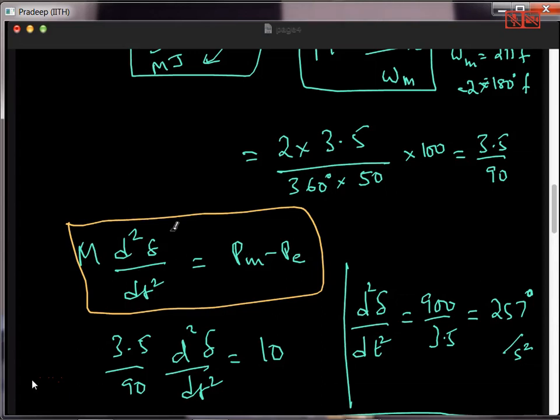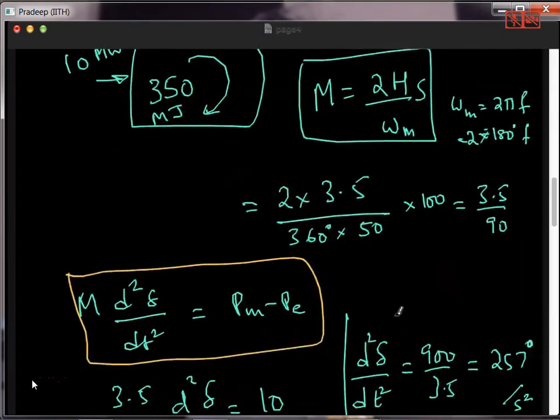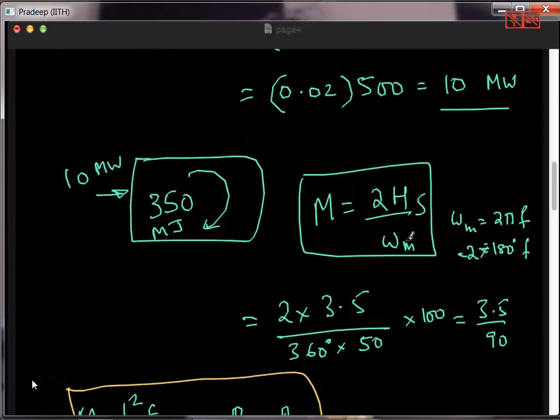That means it will accelerate. Similarly, if mechanical input is less than electrical input, then the right side is negative, so this will also be negative, and the rotor will decelerate. Then to find M, we had this relation, 2H omega m into s, so we found M based on that.